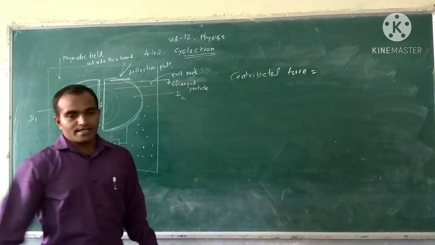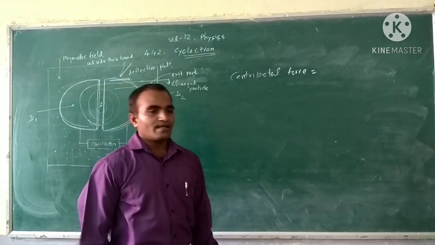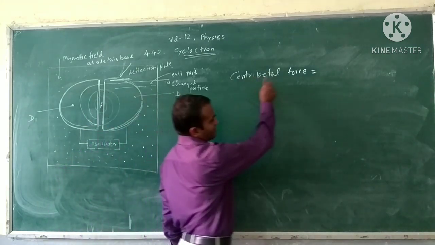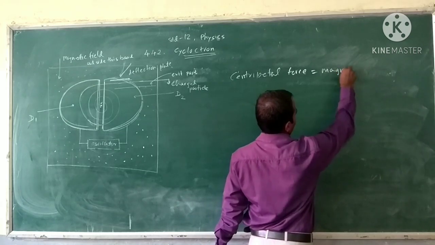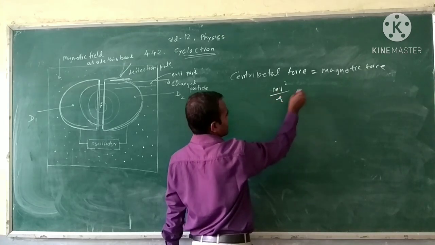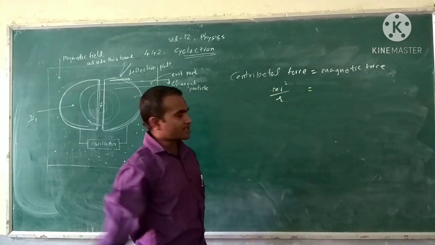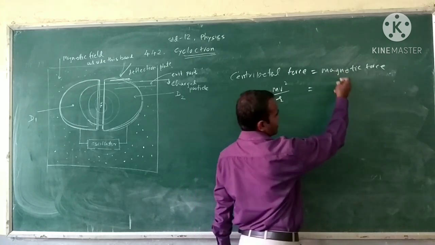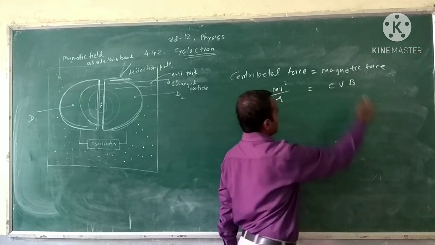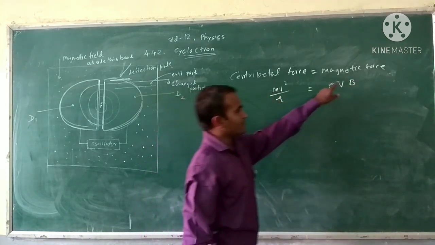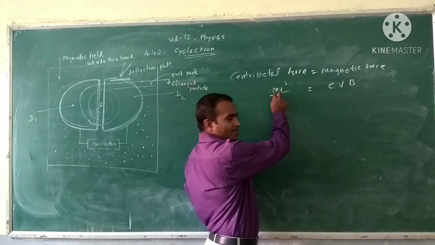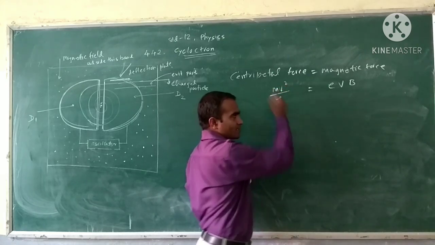The charged particle is in a magnetic field with velocity v, perpendicular to the magnetic field, so the magnetic force is balanced by the centripetal force: m v square by r equals e v B, where B is the magnetic field, v is velocity, and e is the value of charge. Here m is the mass of the charged particle, v is velocity, and r is the radius.